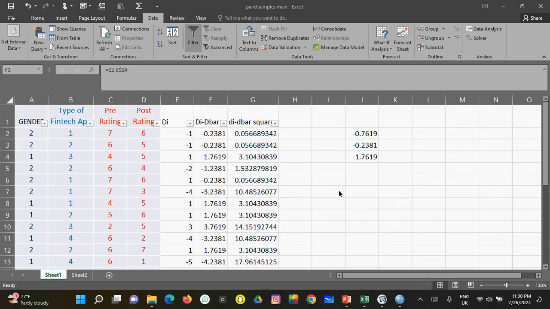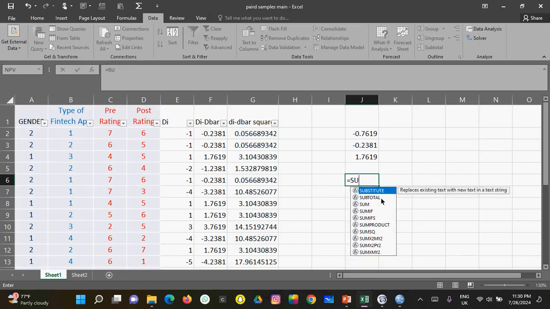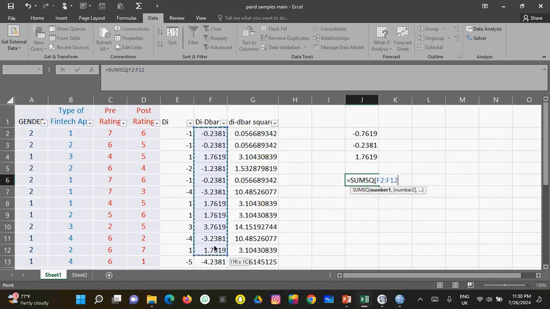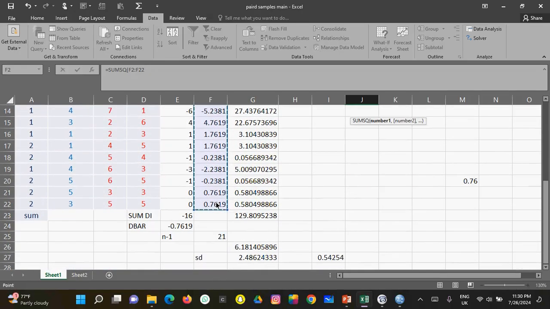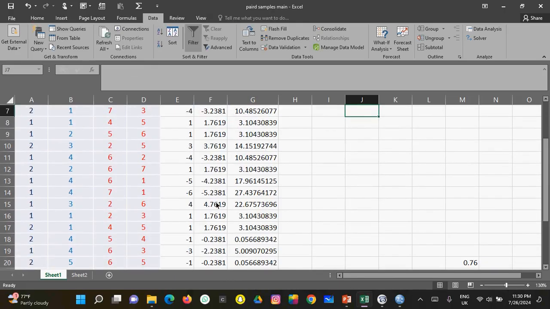In Excel, let's say I want to find the sum of squares: equal to SUMSQ. You double click and select sum of squares, then it starts dragging from the first part up to the last part. Then press enter.